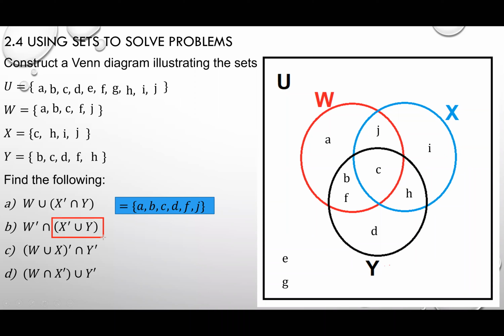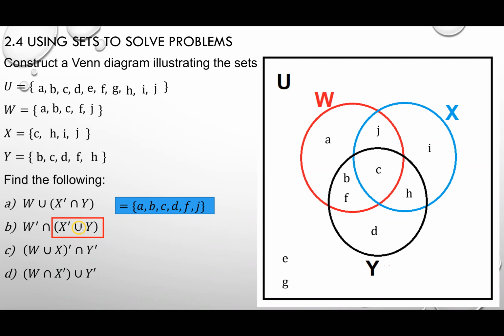Now, inside your parenthesis, you ask yourself, what operation do we have? Do you agree that the operation I have is this right here? The connection between the two is the union, and as a reminder, the union means you just combine them together.